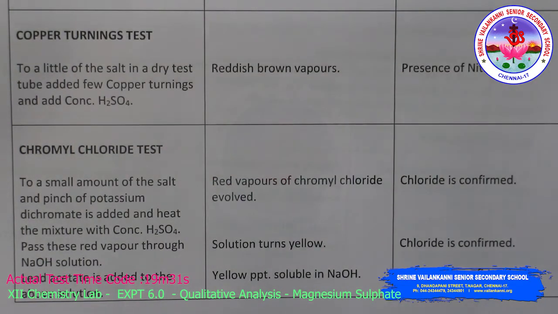The red vapors of chromyl chloride are evolved, so it indicates that chloride is confirmed. Suppose lead acetate is added to the above solution and the solution turns yellow, chloride is confirmed. The yellow precipitate soluble in sodium hydroxide also confirms the chloride salt.